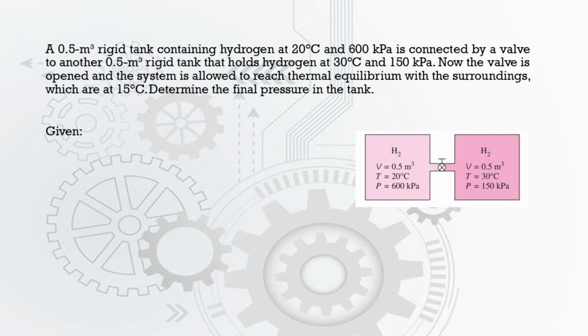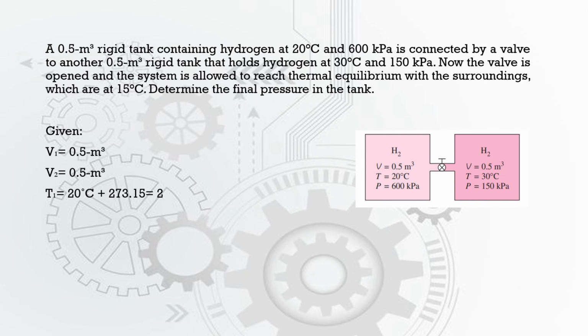The given values are the volume in tank 1, which is equal to 0.5 cubic meter, as well as the volume in tank 2. The temperature at tank 1 is equal to 20 degrees Celsius plus 273.15, which is equal to 293.15 Kelvin.